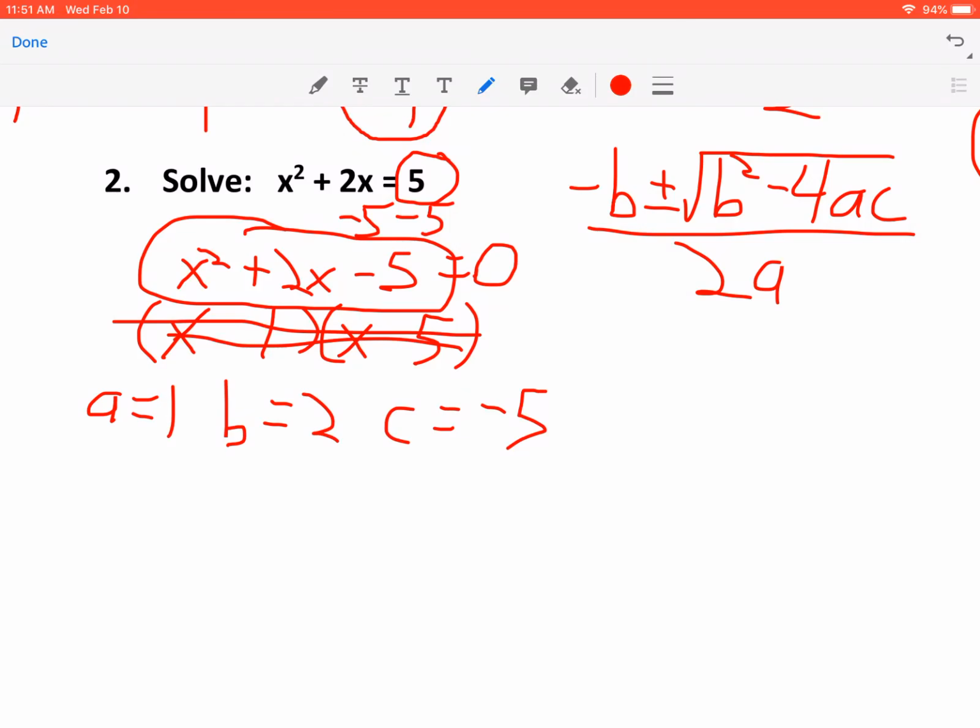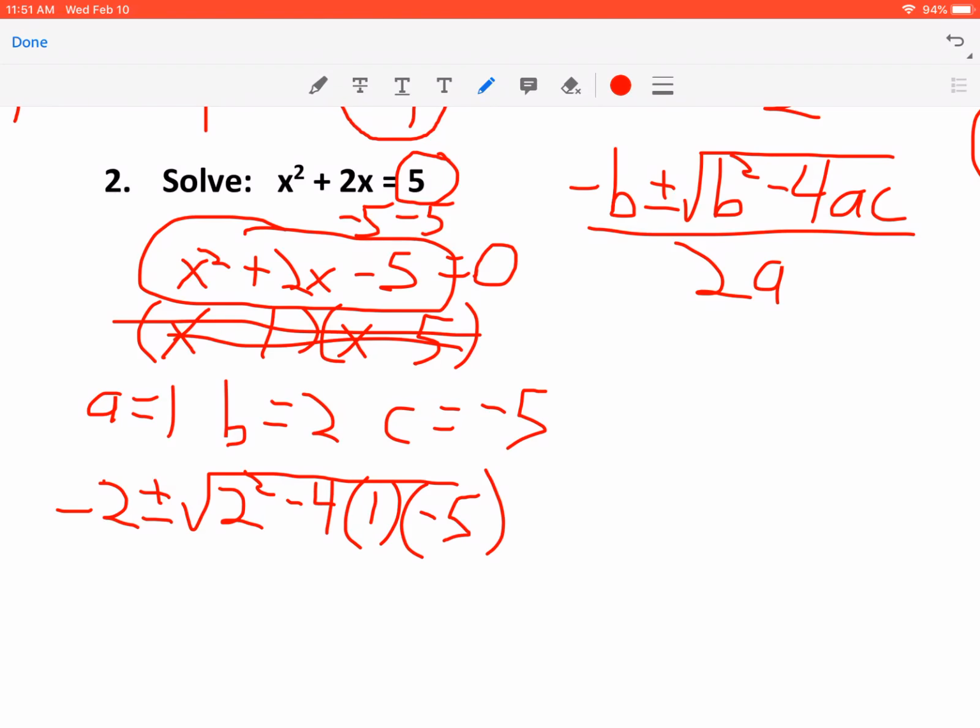All right? So I'm going to do negative b, so that's negative 2, plus or minus the square root of b squared, that's 2 squared, or if you want to put 4, minus 4 times a was 1, times c was negative 5, divided by 2 times 1.